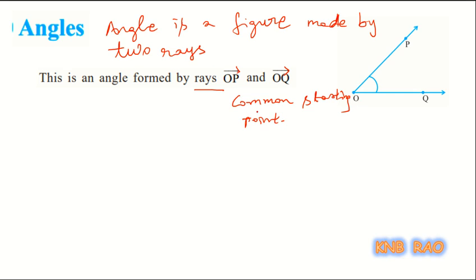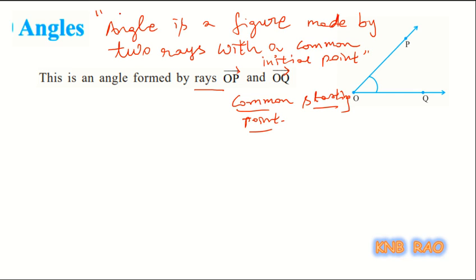Here I am taking this common starting point of the two rays which are making the figure as an important point here. So angle is a figure made by two rays with the common initial point. Either you can call this point as starting point or initial point. So this is the definition of an angle.